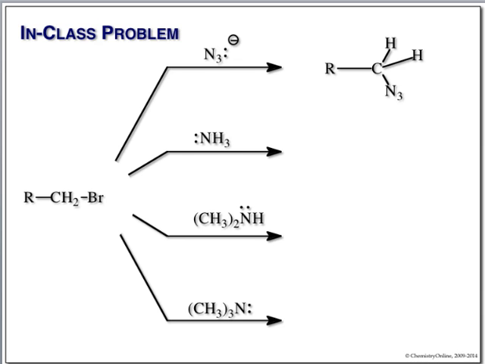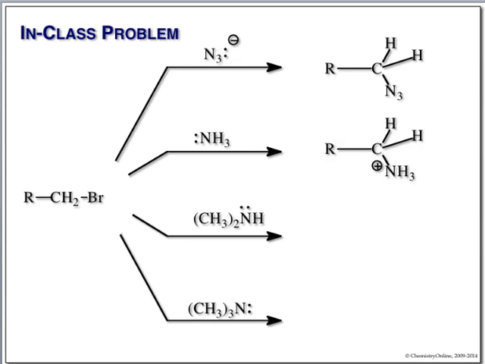Now the next reaction, we have a simple amine here. This is ammonia. Again, the nitrogen has a lone pair of electrons. It's going to be our nucleophile. Bromine is still our leaving group. And we wind up with a bond between the nitrogen and the electrophilic carbon.